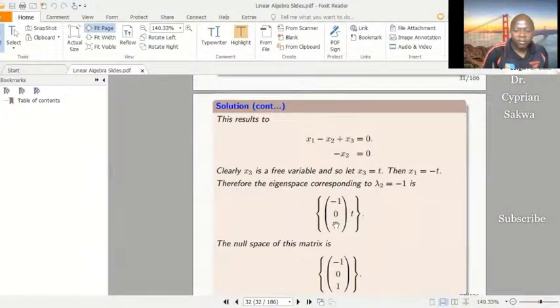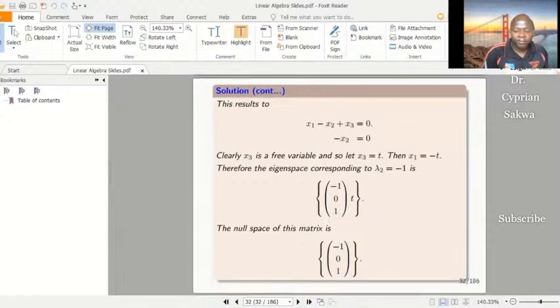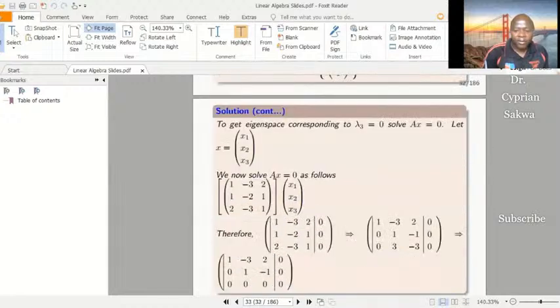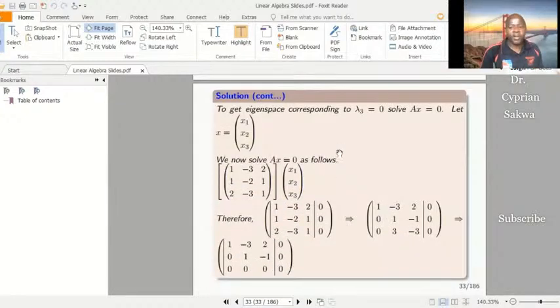And so this is what I have for the eigenspace, and this is what I have for the eigenvector, not the null vector or the null space. And then you go to the last, lambda equals 0, and get the corresponding eigenvector. So now this time, you see our formula is this.